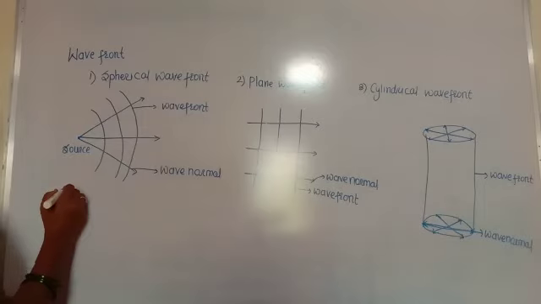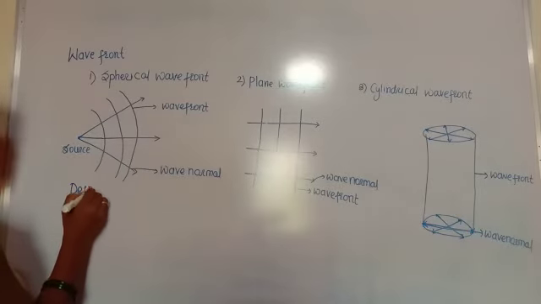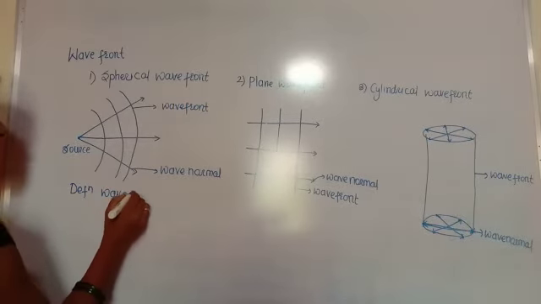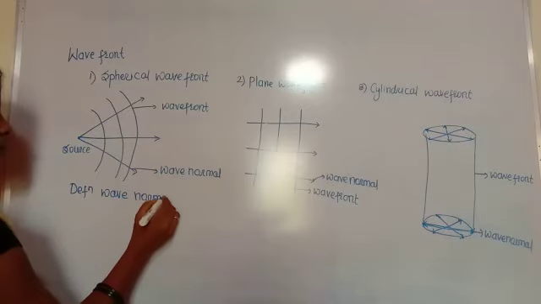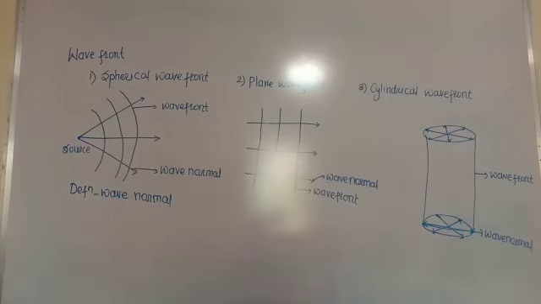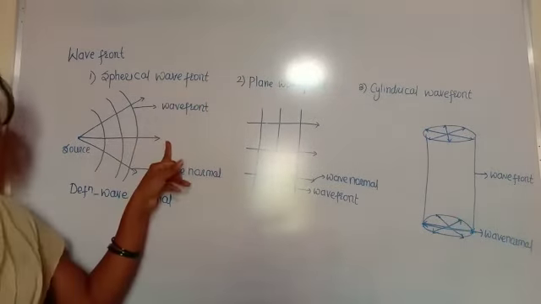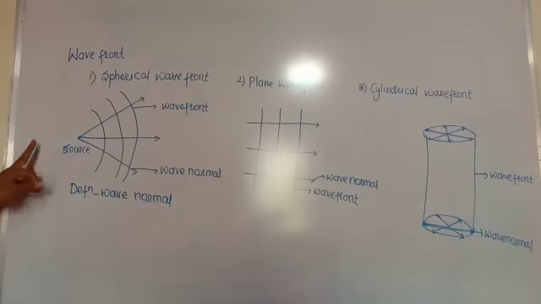Then the definition of wave normal. What is wave normal? As we see in the diagram, this is the line drawn from the source to any point on the wavefront.